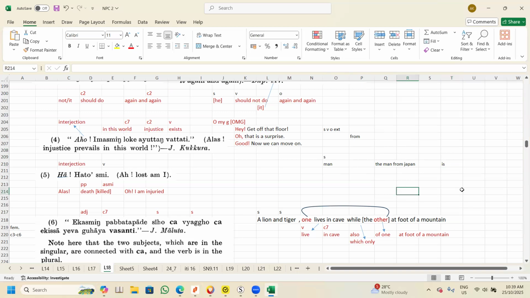You get me? "Man from Japan" is the adjectival phrase because it describes the man. Correct. "Is hardworking" you don't include in the adjectival phrase lah. That is not adjectival. The extension, no need lah. So you have to be careful about that because English is very complicated.